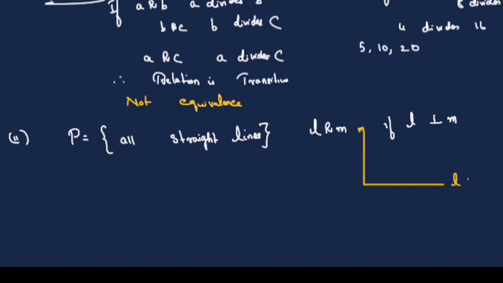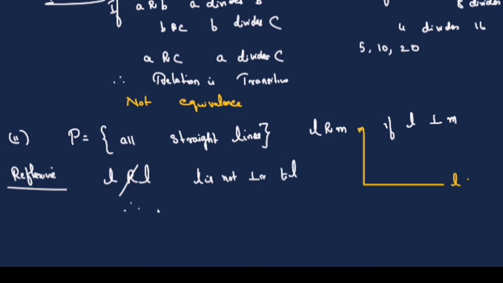Now let us start with reflexive. Can you say L is related to L itself? Is L perpendicular to L? No. L is not related to L because L is not perpendicular to L. Therefore, the relation is not reflexive.